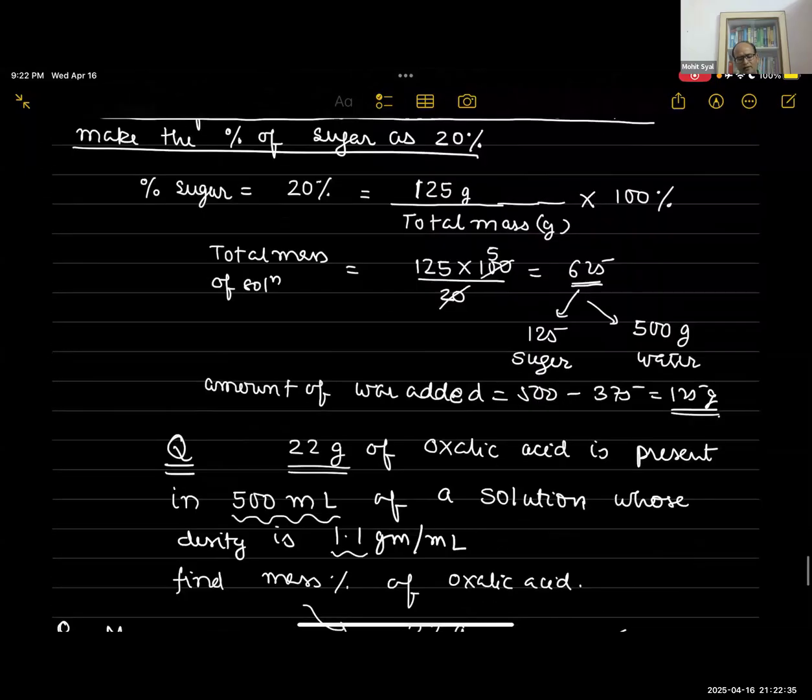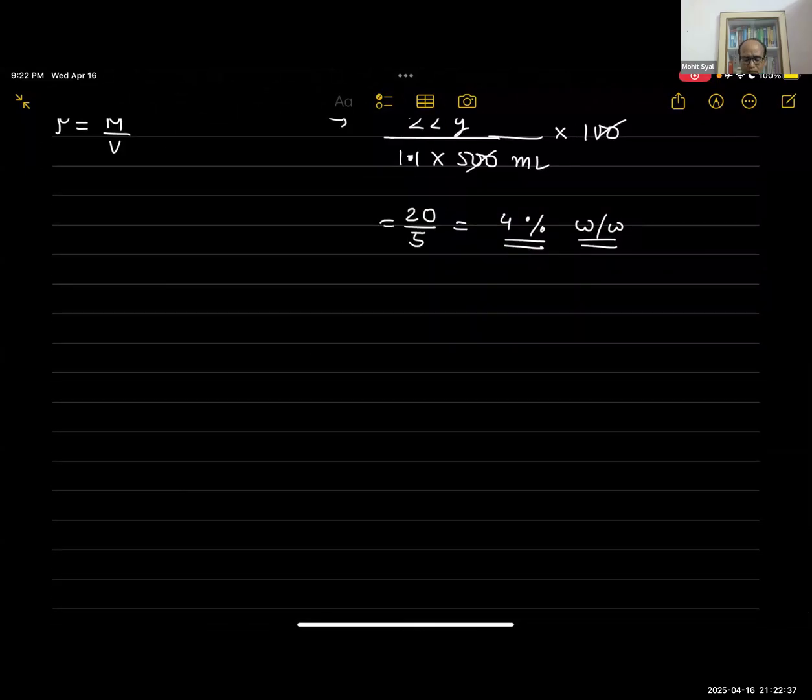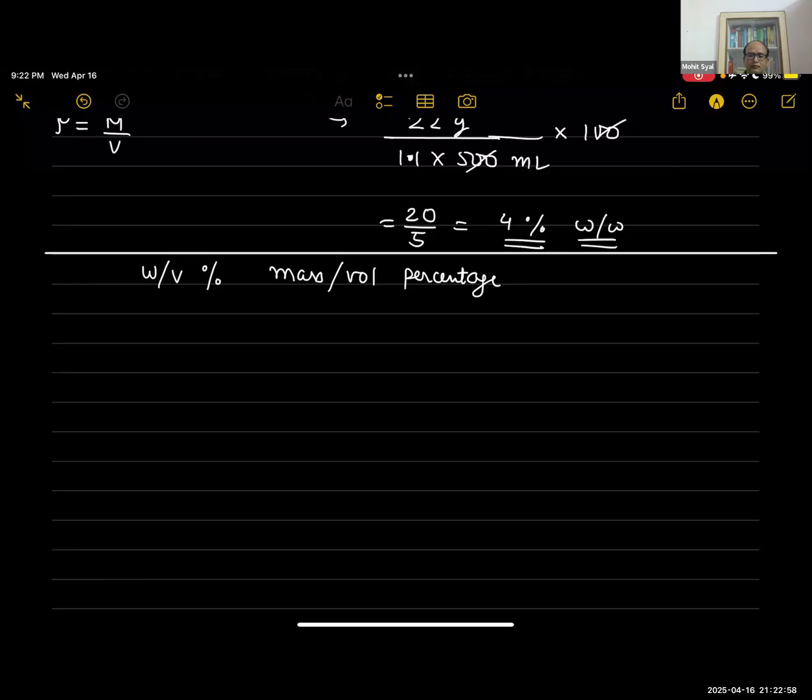And we discussed mass by volume percentage. We were about to discuss what it is. It is also written like this. Mass by volume percentage. So how to find it out and what it means? It is used when you mix a solid in water or in solution.